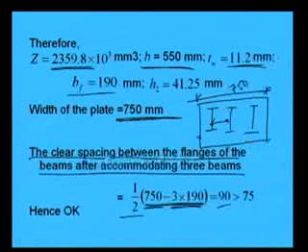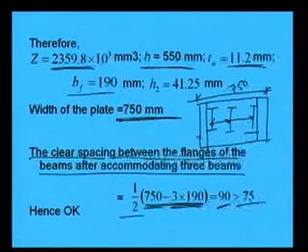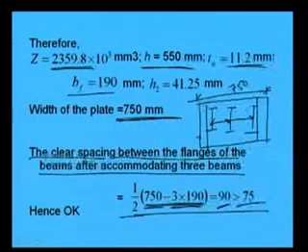If the plate is provided exactly from here, then this will be the situation, and in that case the spacing will be 90, which is greater than 75. As per the codal provision, we have told already that minimum spacing between 2 beams for using tier will be 75 millimeter, right. So, here it is becoming 90 mm, so it is okay, because minimum is 75 mm. So, we can say that the arrangement whatever we are making is okay from the codal point of view.